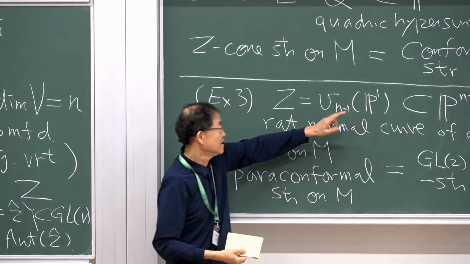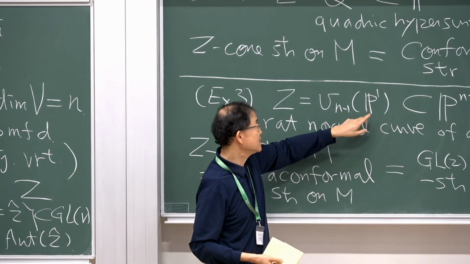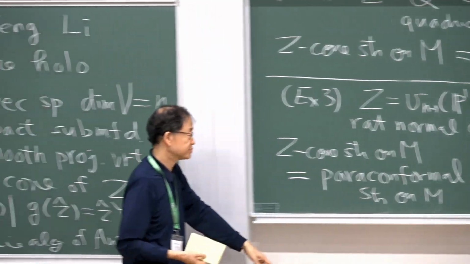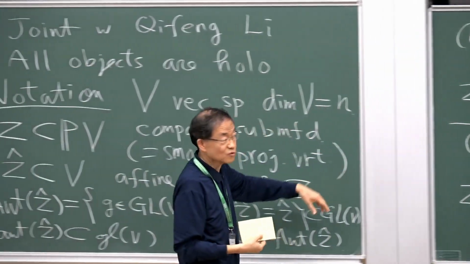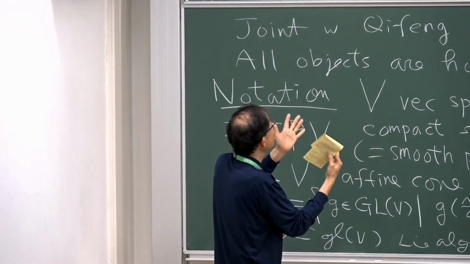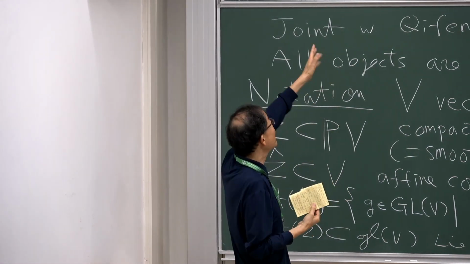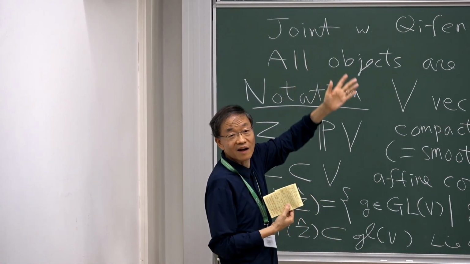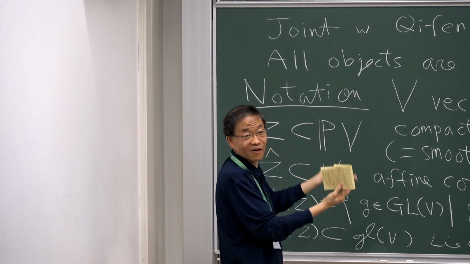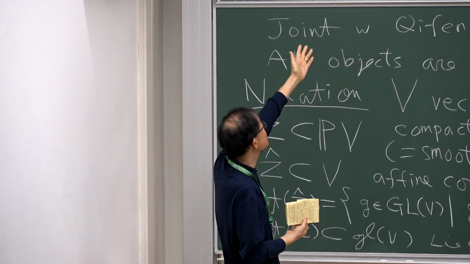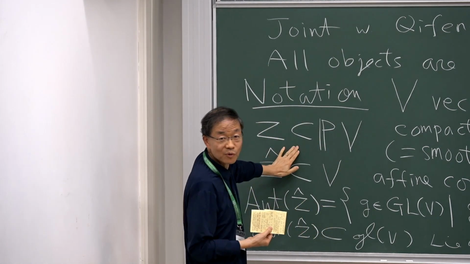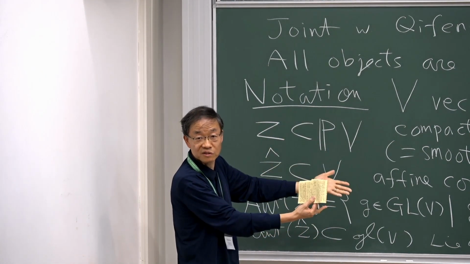So this is an n-dimensional representation of GL2. So these are objects that have been studied in Twistor theory, but in algebraic geometry there is much more diversity of choices of such structures, because you just pick any projective submanifold, then you can consider such a structure.